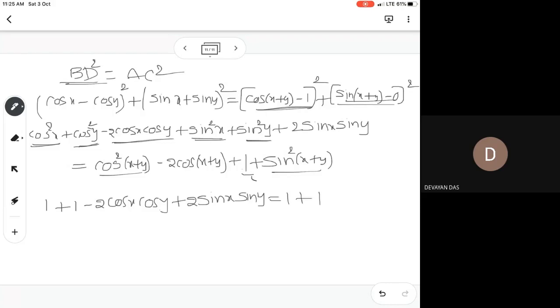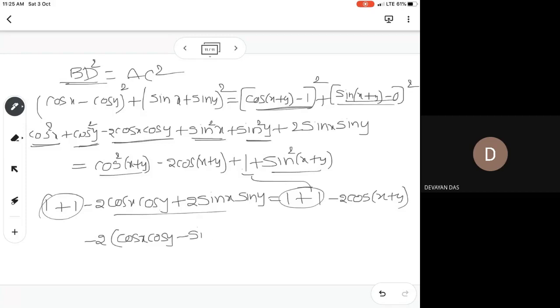Next, what is left over? Minus 2 cos(x plus y). So here you are going to get 2, here you are going to get 2, and 2 minus 2 becomes 0. So what is left over here? If you take minus 2 common from these two, you get cos x cos y minus sin x sin y, which is equal to minus 2 cos(x plus y).